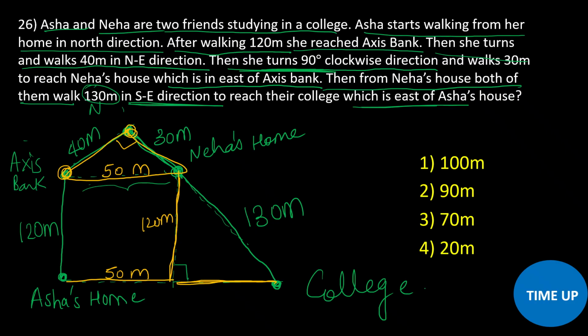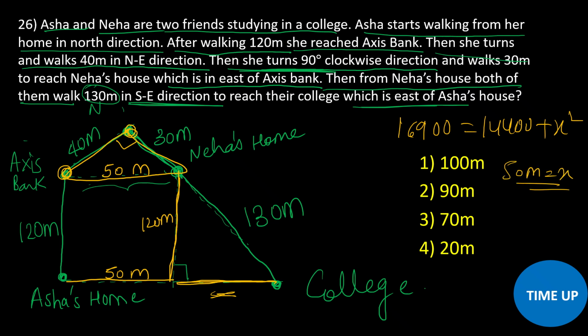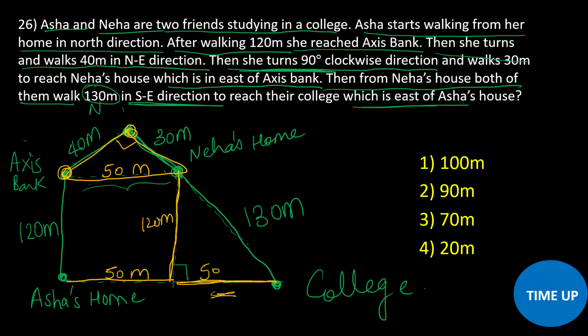So if I use Pythagoras theorem here, it will be 16900 is equal to 14400 plus this, okay, this x square suppose. So this will be again what? 50 meter it will be x. So here also you will get how much? 50 meter. You will get 50 meter.